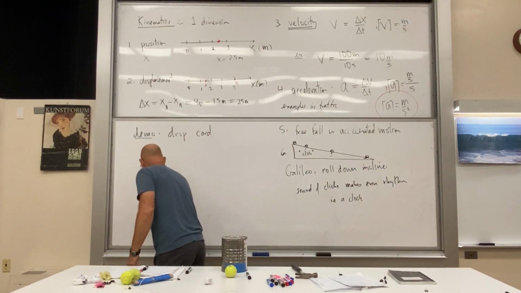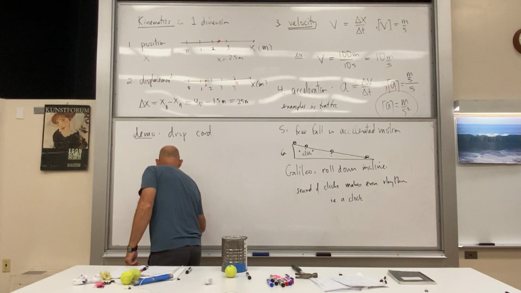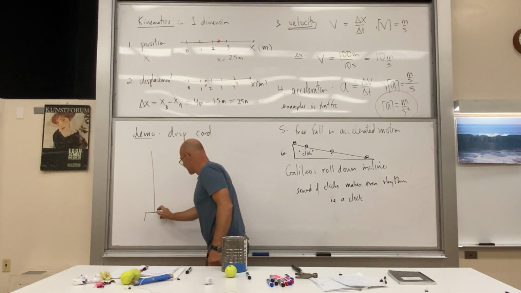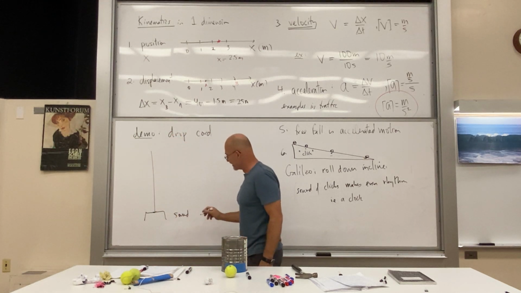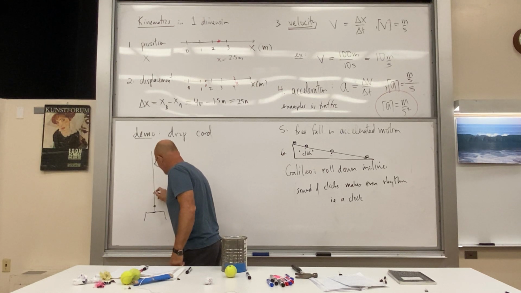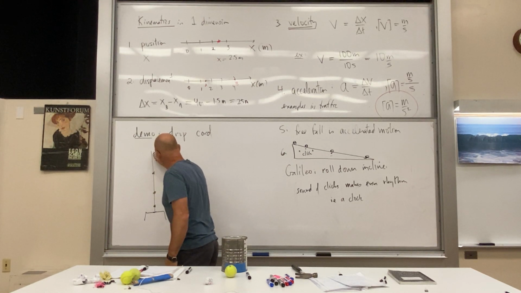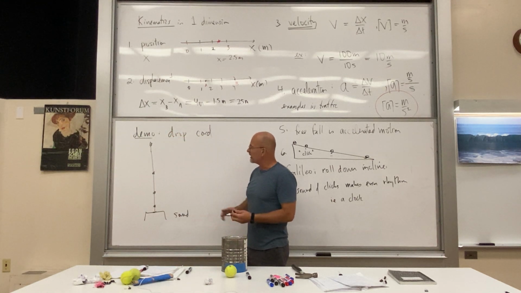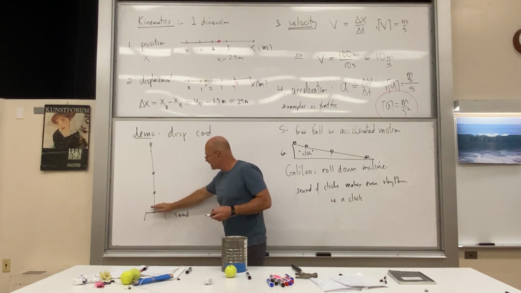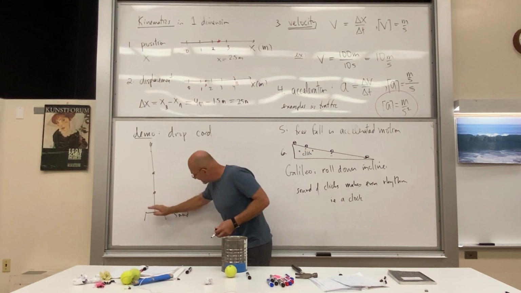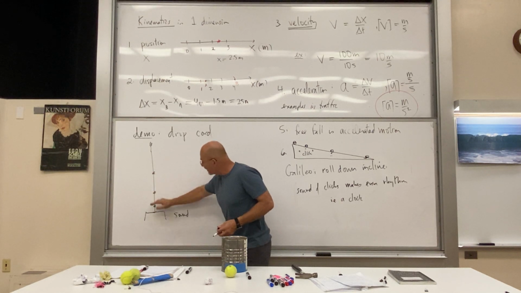I have a soundboard here, and I have a string. And the string is just going to be anchored at the bottom there. I'm going to attach little clips in increasing distances. Okay. Because the free fall is accelerated, so this first one's going to hit and make a tone. Second one, third, fourth.